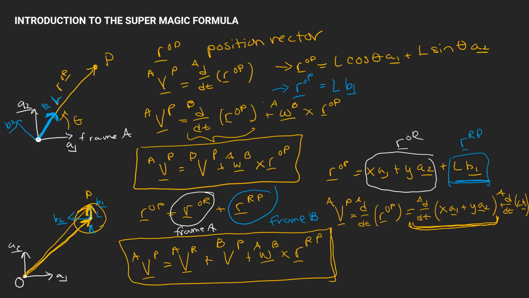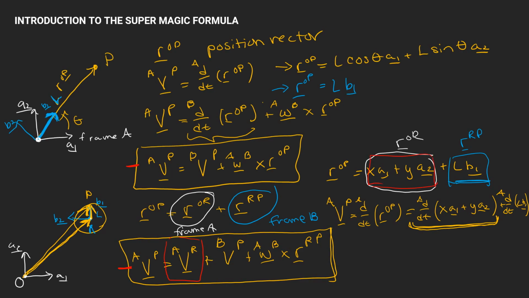This should be pretty straightforward. The only difference between the two expressions here is this term, the velocity of point R in frame A, and that just simply falls out from here.